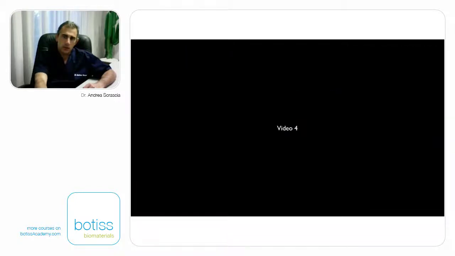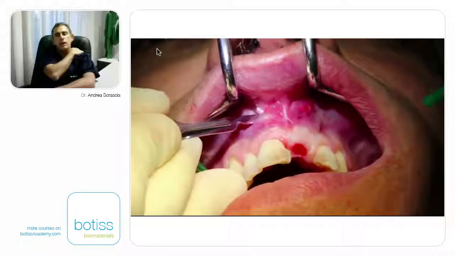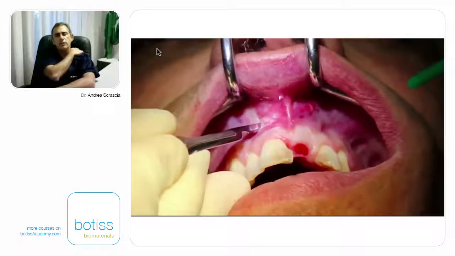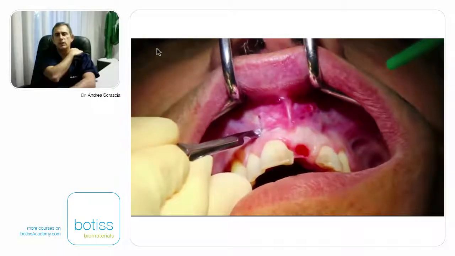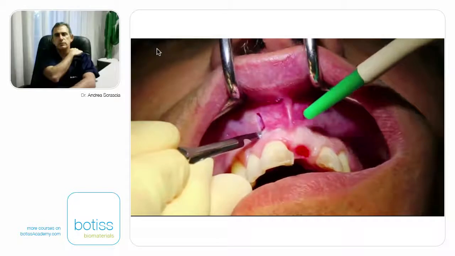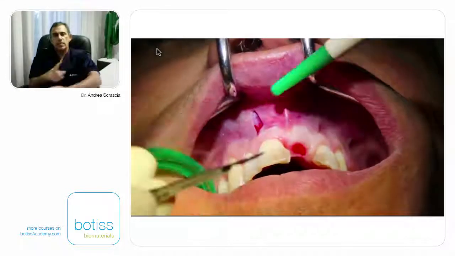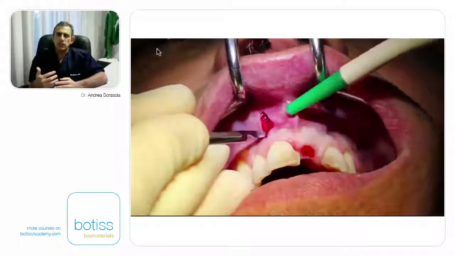This is another short video that kind of sums up all I have been discussing today. This is the chamfered incision technique in this video. But the reason for this video, because it's the same clinical case, is to show the insertion phase of the implant.